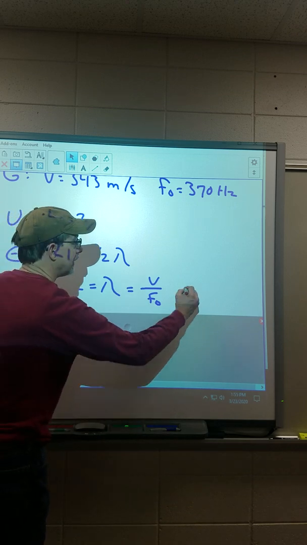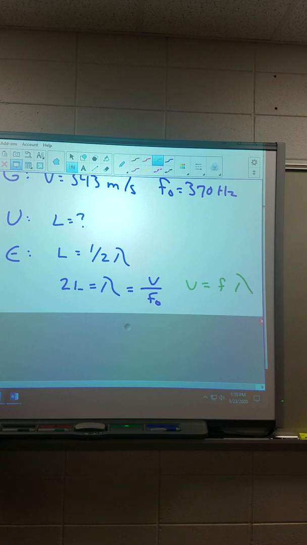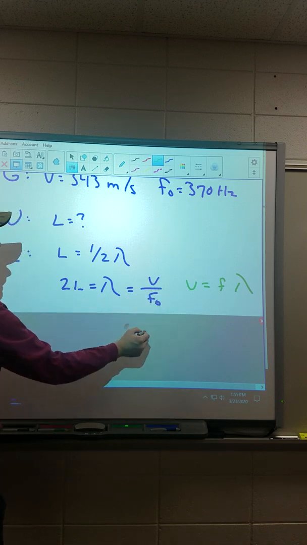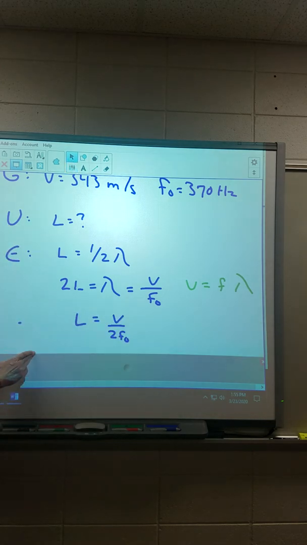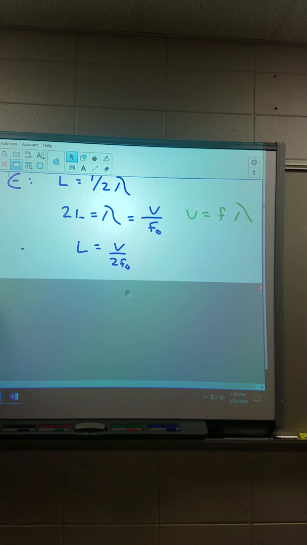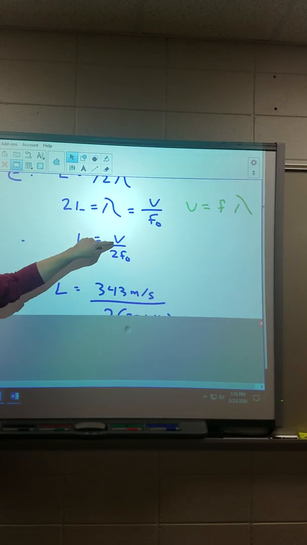Remember, our velocity equation for a wave is frequency times lambda. So if I take my velocity divided by my fundamental frequency, that's going to give me my wavelength. So I keep crunching these numbers here, and I'm going to see that if that's the case, my L is going to end up being velocity divided by 2 times frequency.